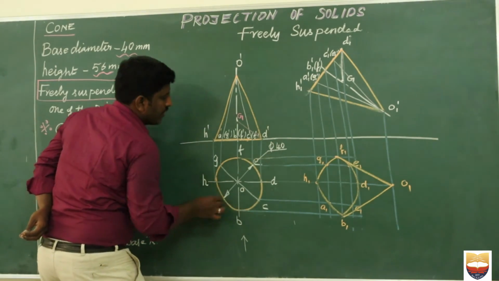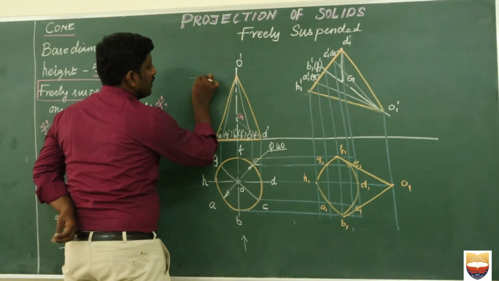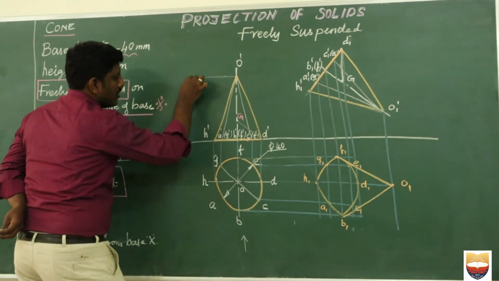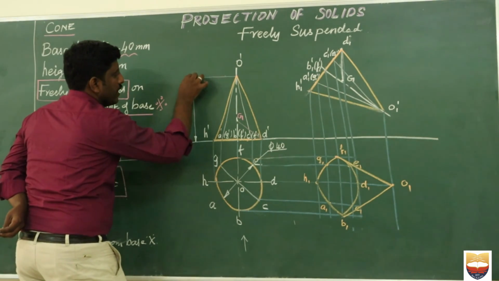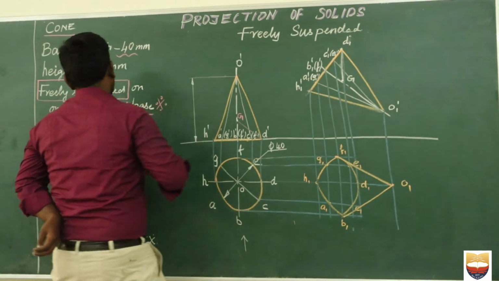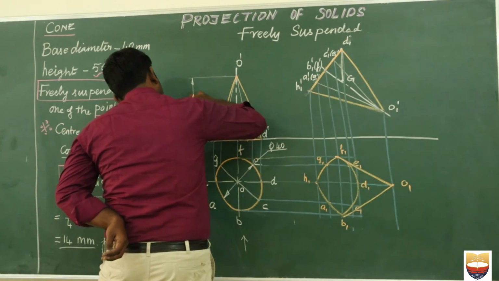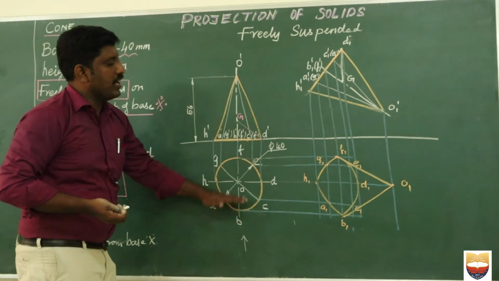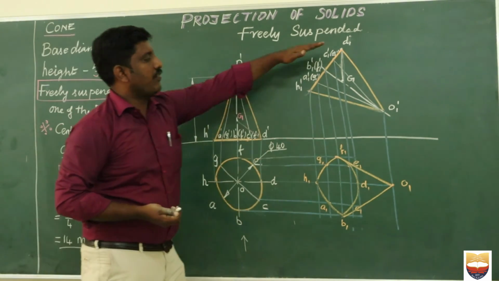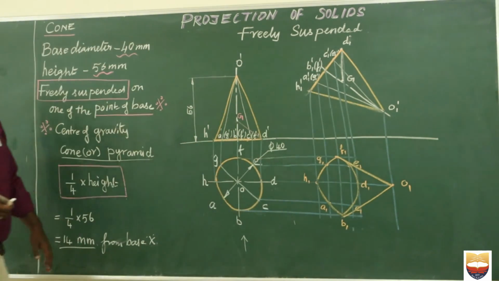It is very, very important. And the height of this particular part is given. This is my extension line. This is my dimension line. Then my arrowhead is in the ratio of 1:3, and the height is 56 millimeter. This is a simple question of a freely suspended problem, and this is the final answer of a freely suspended problem.